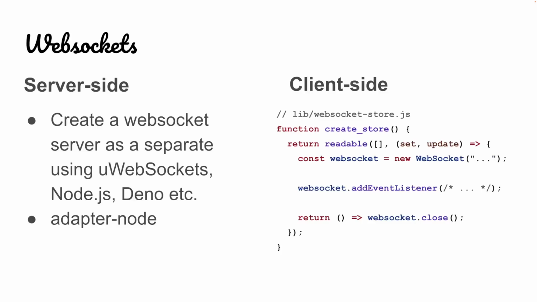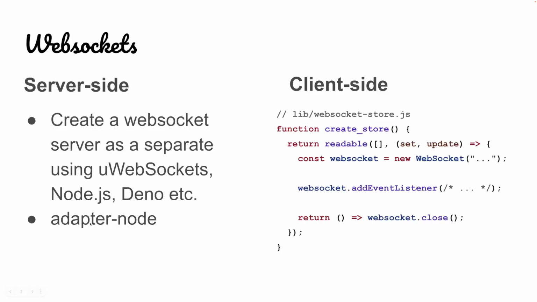You can create a separate app using uWebSockets, which is a very high-performance web server written in C. I think it's used by Bun, and it's known to be very good for WebSockets and HTTP. You can use that, or you just use Node.js with WebSocket packages. Deno, I think, supports WebSockets by default. I don't remember, but it's something you can use too.